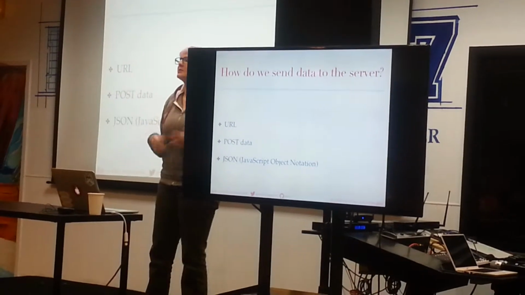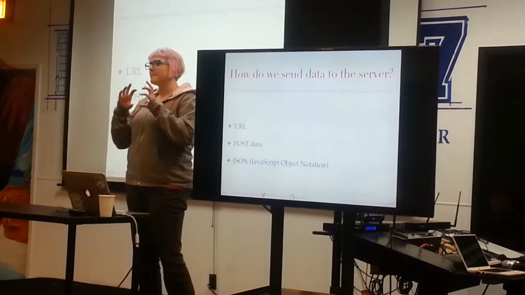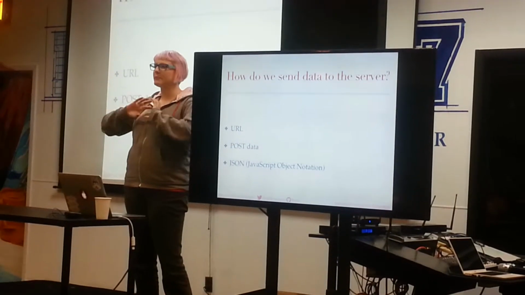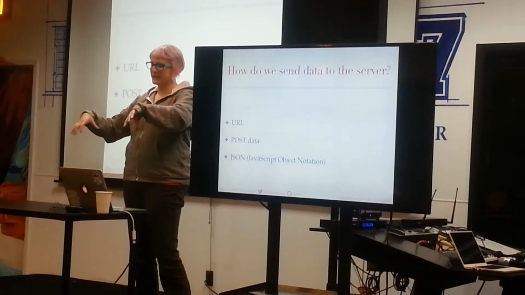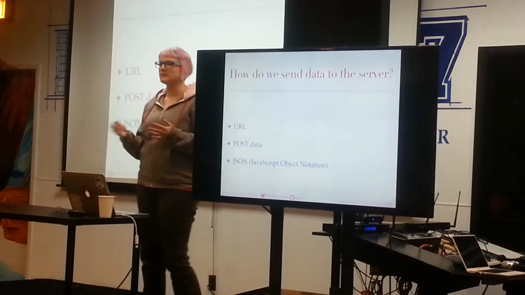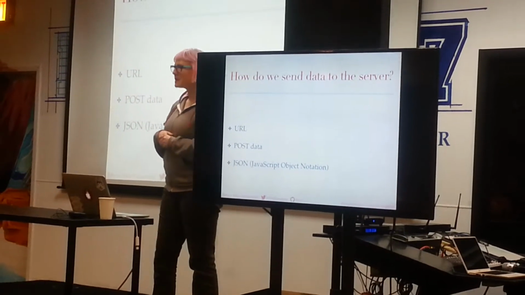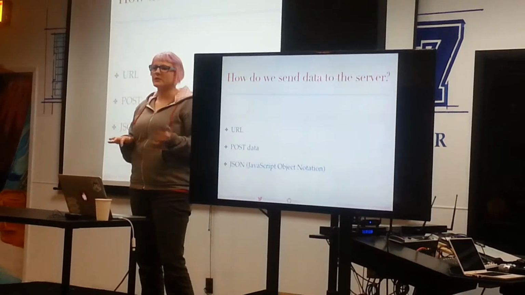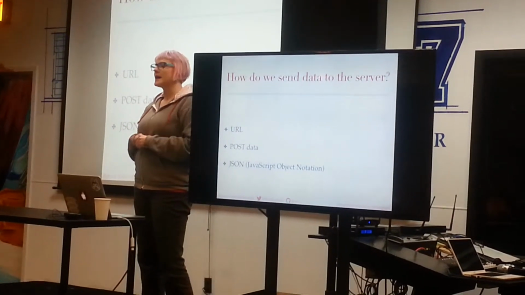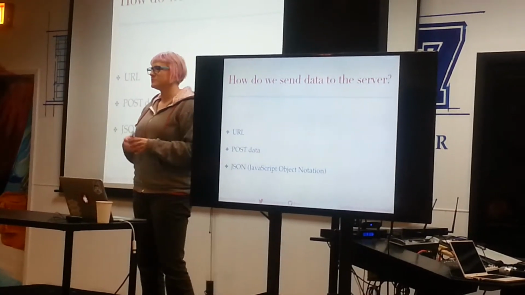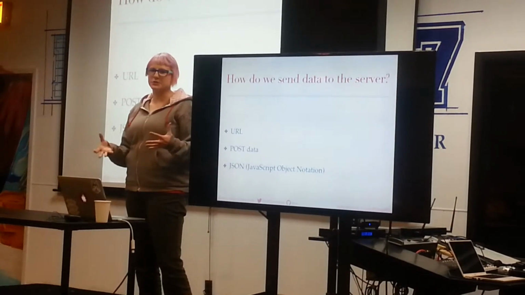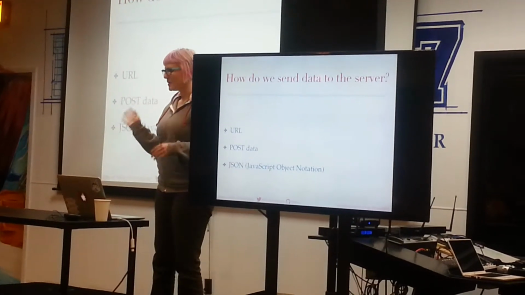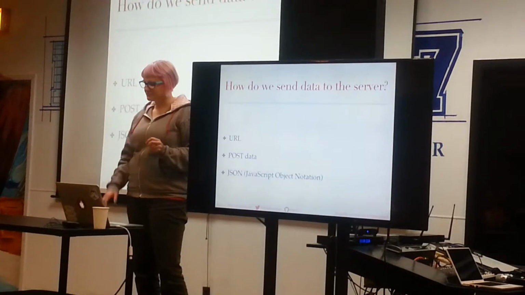The other is that when we do a post, we pass it not in the URL itself, but in the data that gets sent over HTTP. So this is forms and things like that. And usually, when we're doing this, we're talking about JSON, which is JavaScript Object Notation, and it's just really JavaScript objects, similar to Ruby objects. Don't overthink it. We'll talk a little bit more about it later.